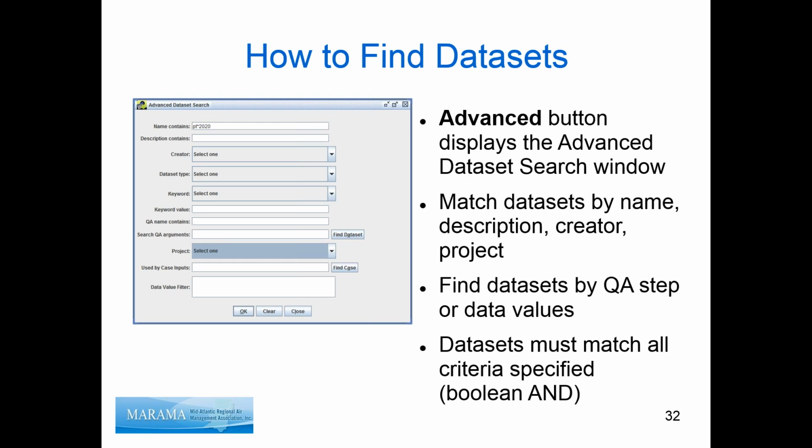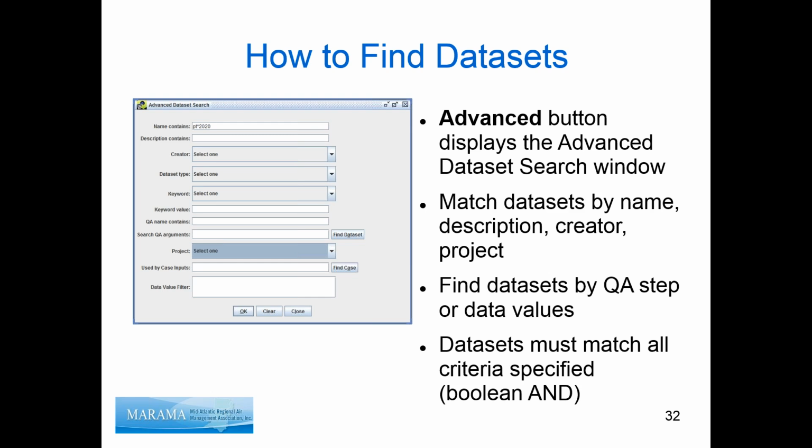It has things like name contains, which is just like the name contains quick search we just talked about. But then it also has description contains. Here you can type in any keyword that the description might contain, any search term, and find data sets that way. Those are both case-insensitive searches.